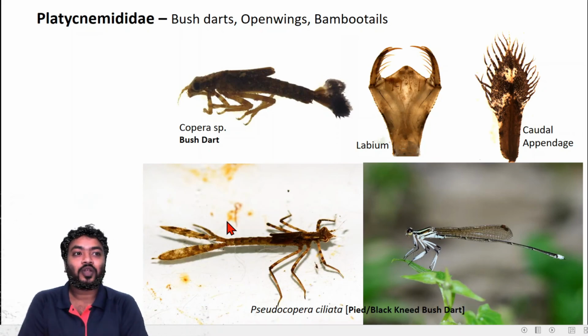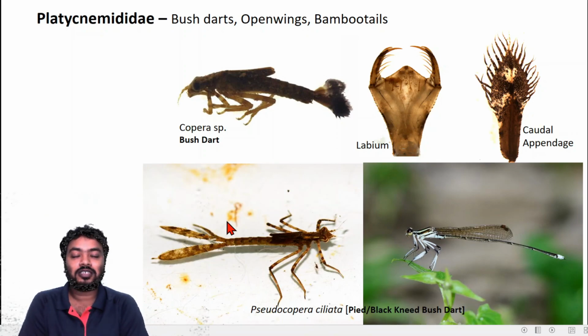If the water is well aerated and the oxygen level is very high, then they don't need very well developed or very big caudal appendages, because having bigger caudal appendages makes them slow. It is a kind of handicap for them, but they need it for aeration.